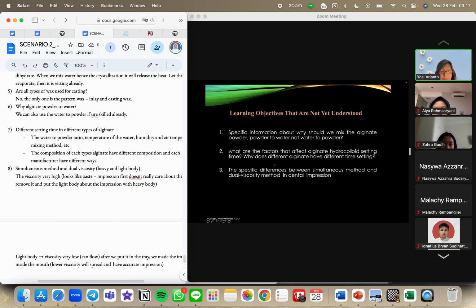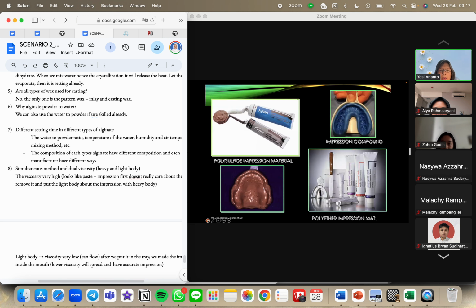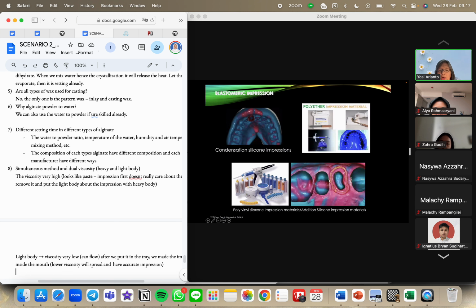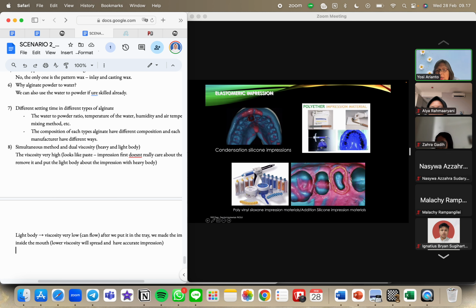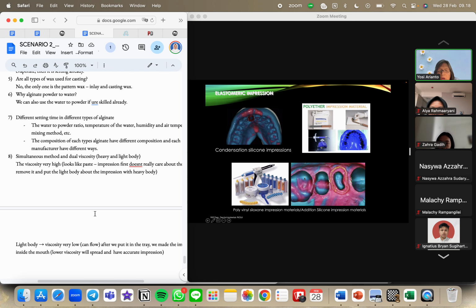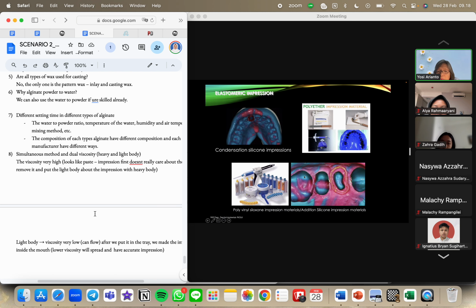See, you can have the condition like this. This is very, very detailed. And you have two kinds of color here, the blue one and the pink one. Usually the blue one is the heavy body, the paste.